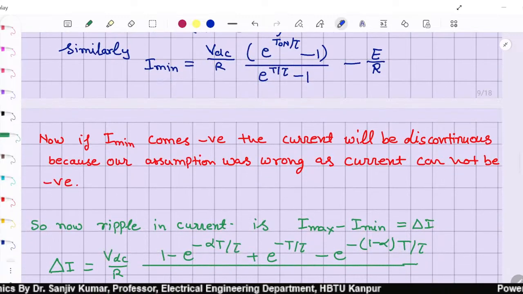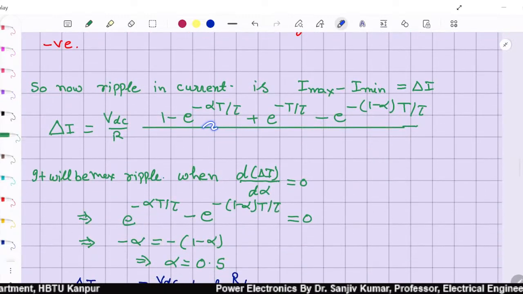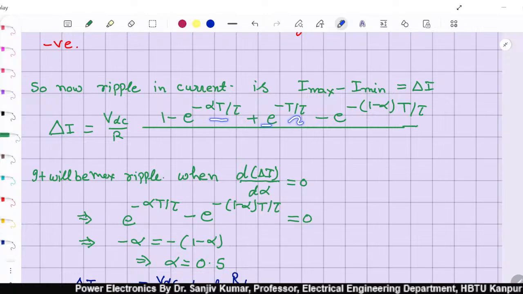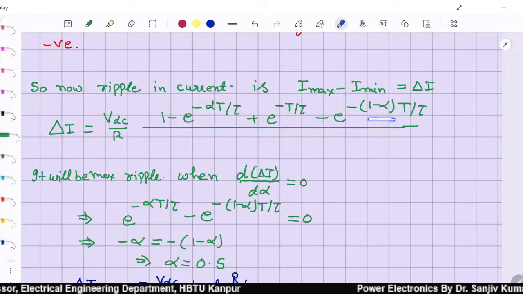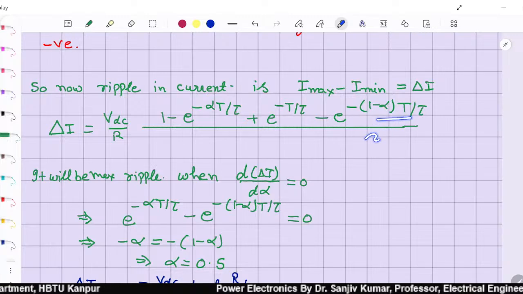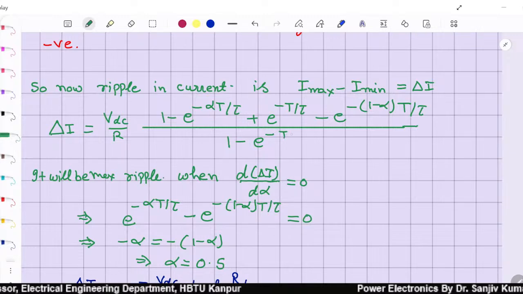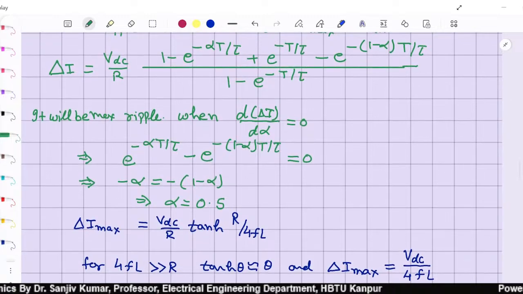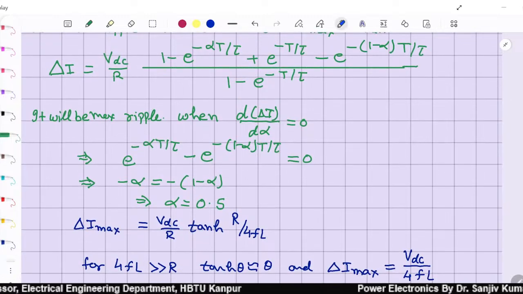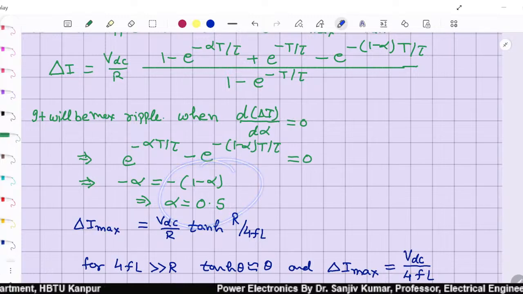When you do this, you will get 1 minus e to the power minus t by tau plus e to the power minus t by tau minus e to the power minus (1 minus alpha) times t by tau. (1 minus alpha) times t is basically equal to t off, divided by 1 minus e to the power minus t by tau, right? That you will get.